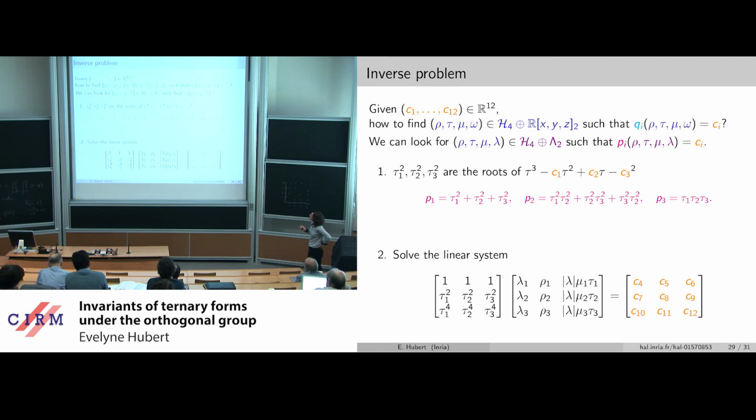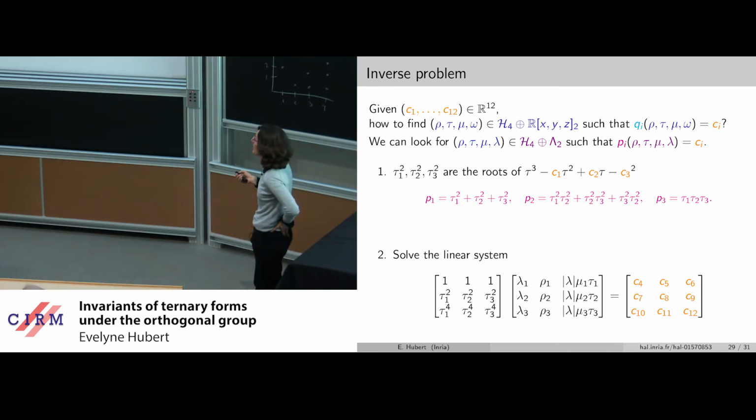So you give your values for all the invariants. First the invariants in tau, they were these kind of symmetric functions. If you compute the roots of this polynomial, they will be exactly tau1 square, tau2 square, tau3 square. So you obtain this first piece of information.